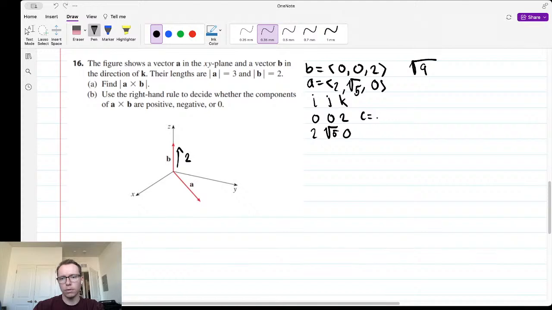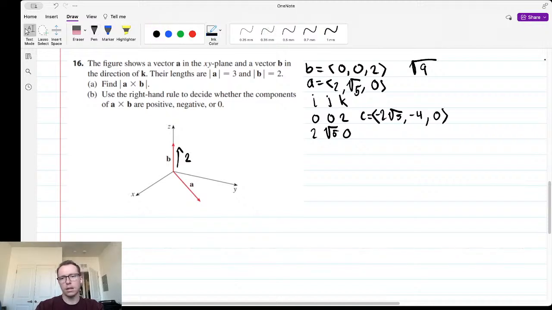So that's negative 2 radical 5, comma. Well, hold on, I'm going to put it here and make it equal to C. So negative 2 radical 5. And then J, which is 0 times 0 minus 2 times 2, which is negative 4. And I need to make sure we know this is a vector. And then K, which is 0 times radical 5 minus 2 times 0, which is 0.